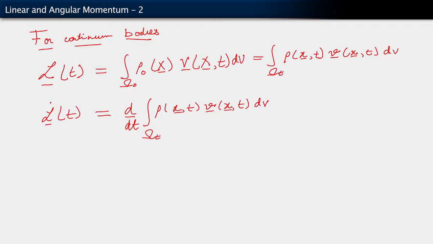We showed in our manipulations of the Reynolds transport theorem that whenever we have an integrand involving the mass density multiplying another spatial function, when we take the time derivative of this sort of integral, this is equal to the integral over omega t of just rho times the material time derivative of v.